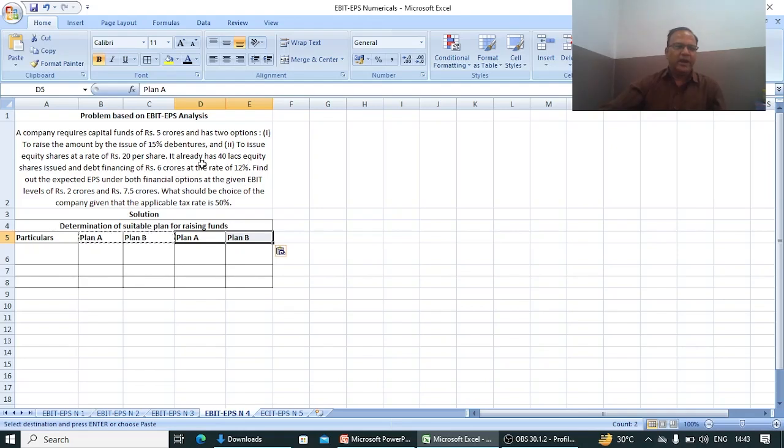Now let's read again. A company requires capital fund of rupees 5 crore. Option number 1, to raise the amount by issue of 15% debenture. So first of all, new one. We are talking about new infrastructure.